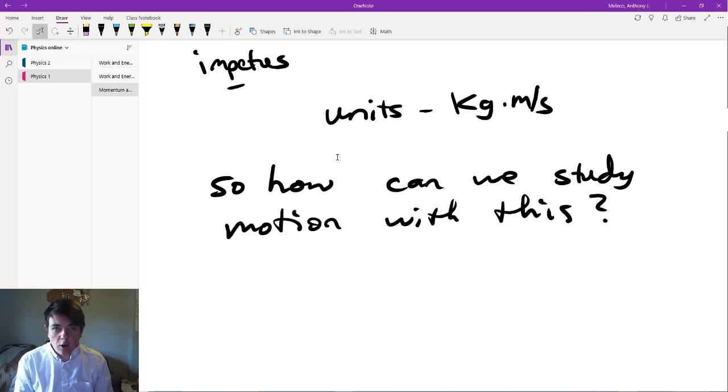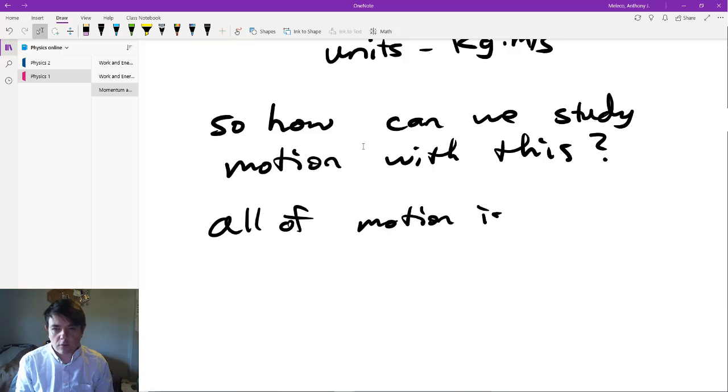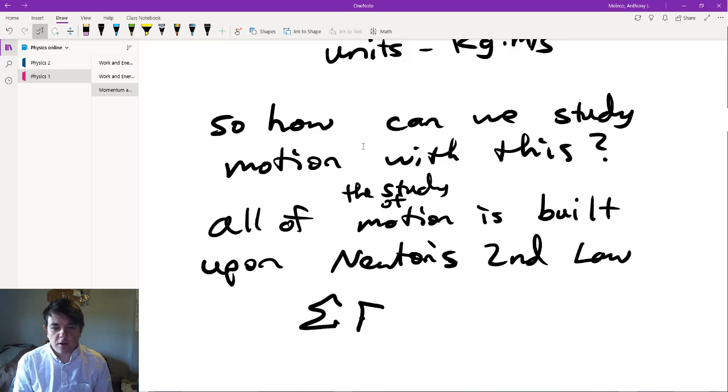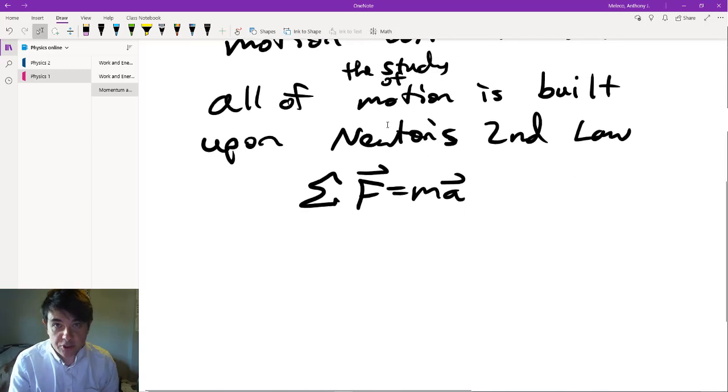Well, if you remember, all of the study of motion is built upon Newton's second law, which, if you can get the sum of the forces with the free body diagrams, you can get the acceleration of the object.